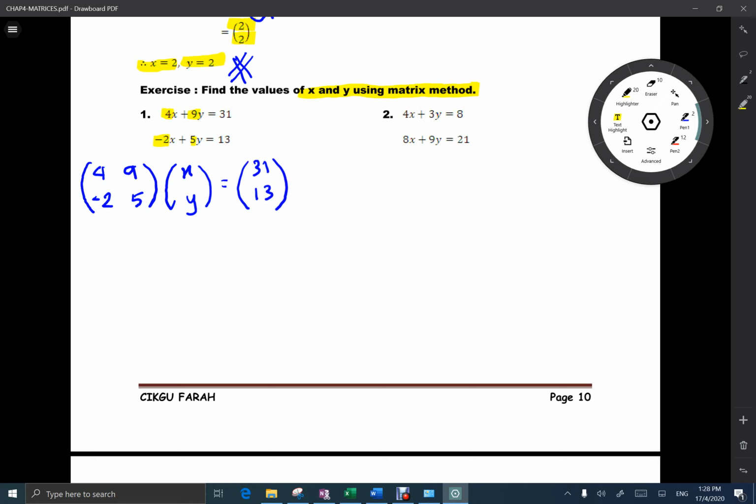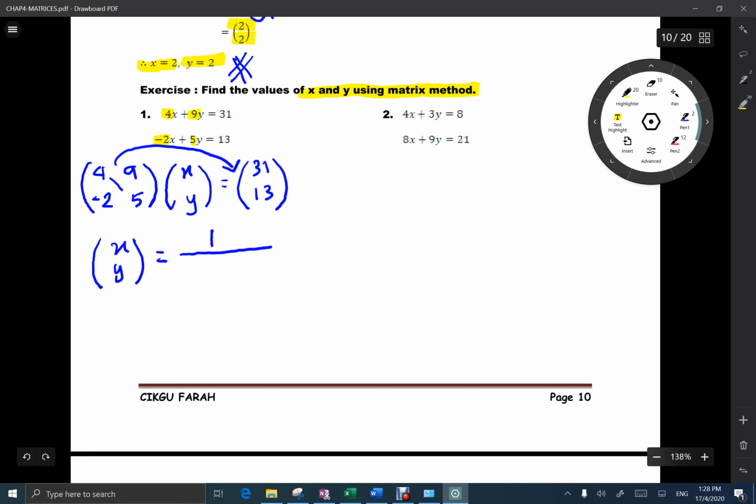Now second step. We need to do inverse matrix. So this matrix bring over here. But it must be in front of 31, 13. Now inverse. So how to do inverse? 1 over AD minus BC. So 4 times 5 is 20 minus 9 times negative 2 is negative 18. Now 4, 5.